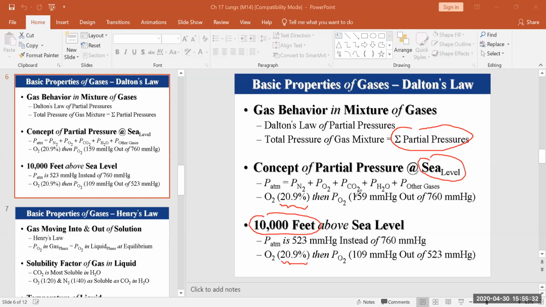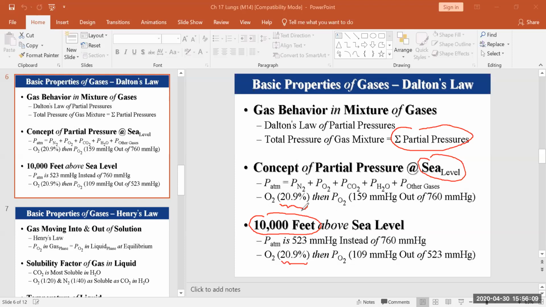If it's the same gas mixture, in this case, ambient air. So that air at sea level, or that same air 10,000 feet above sea level, is the same air with the same gases. If that's the case, then the contribution of each gas in that total mixture will not change. For oxygen, it remains 20.9%.